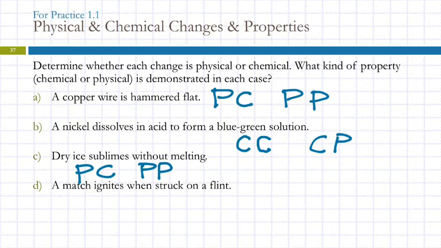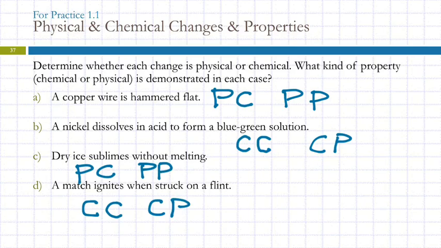It's a physical property. How about a match igniting when it's struck on a flint? Chemical change. Chemical change is a chemical property that it will light on fire. Because after you strike that match, can you do that again? You can't do it again with the same match because you changed it.